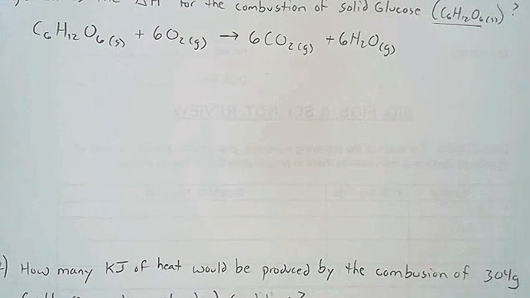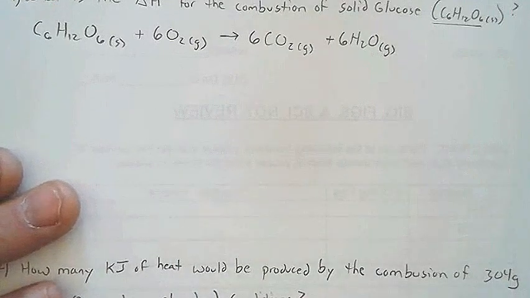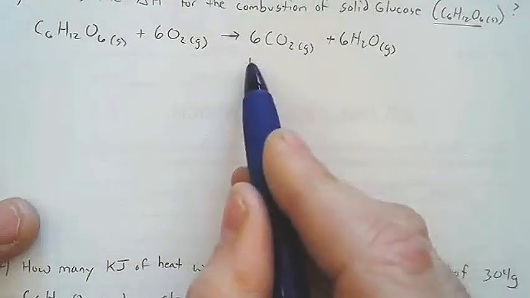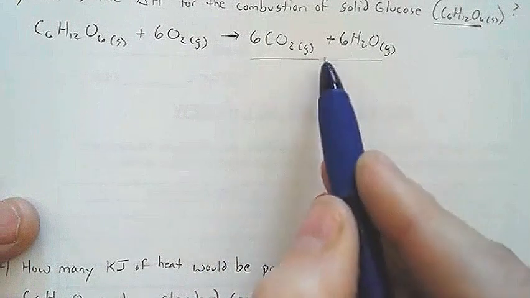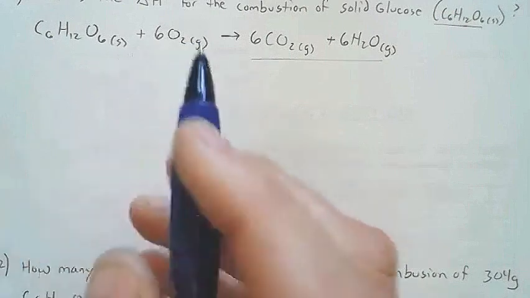Now, the next thing we need to do is use the formula for the standard heats of reaction that basically says that we take the sum of the products and subtract the sum of the reactants, their standard heats of formation.